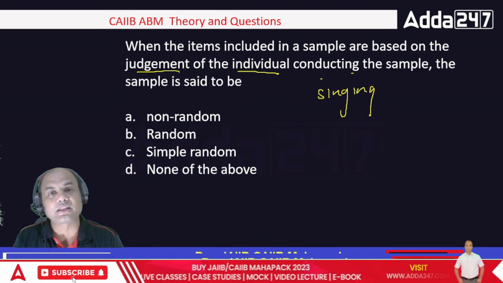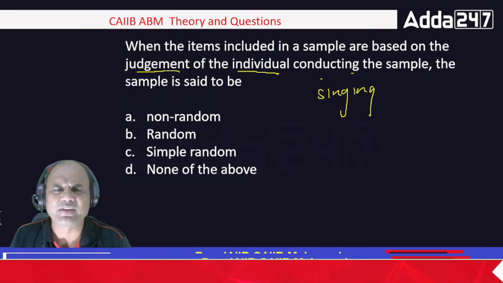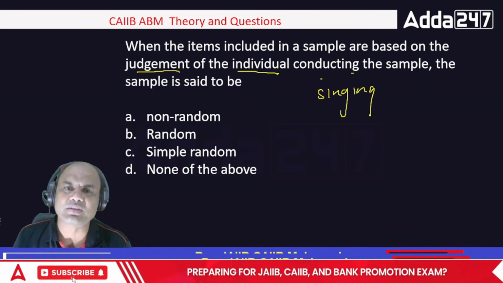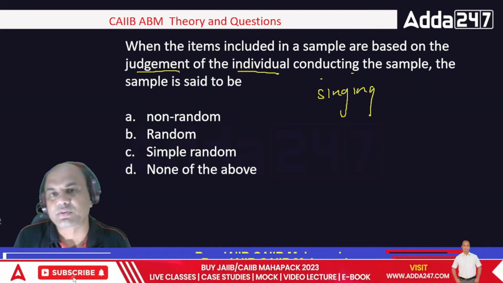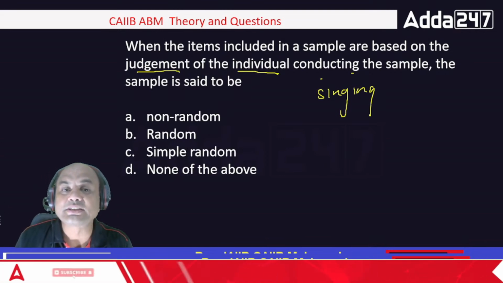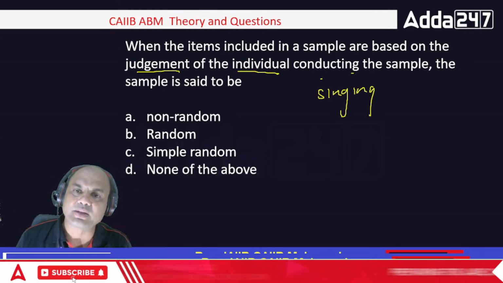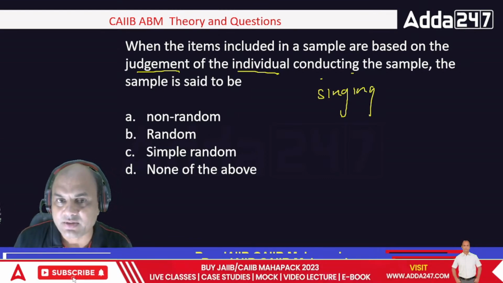There is a judge over there, 3 judges. Various people come up, and these judges decide who is right or wrong, who is the right choice. So this is based on their own judgment.